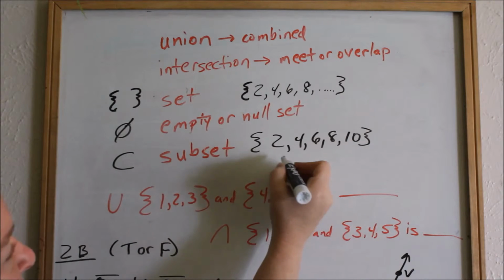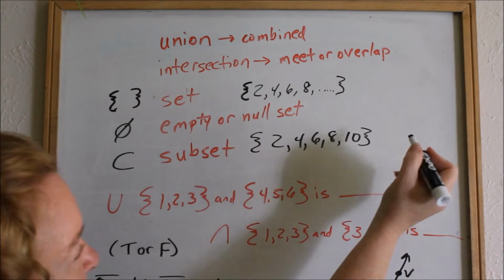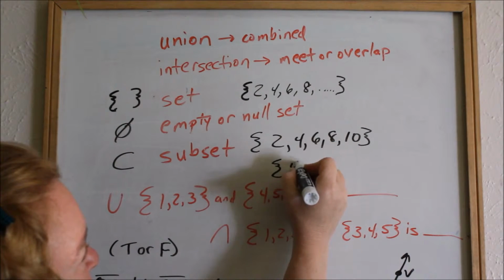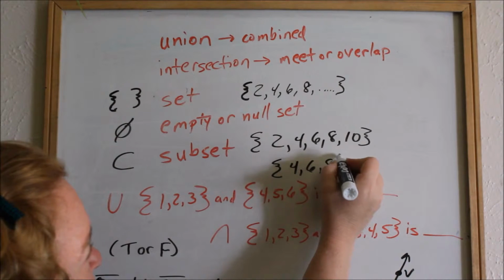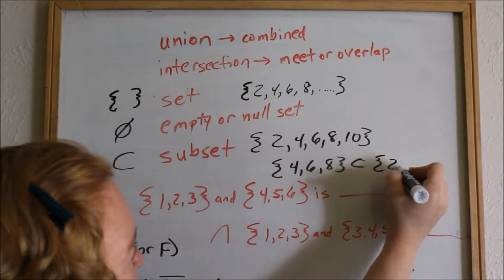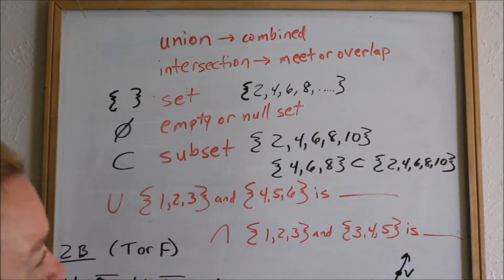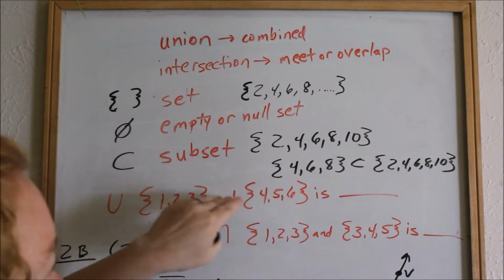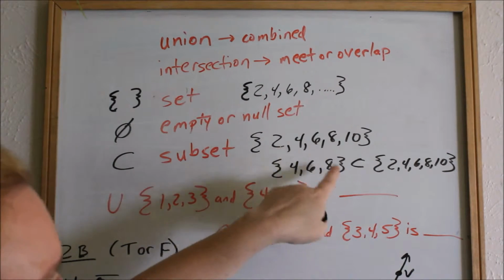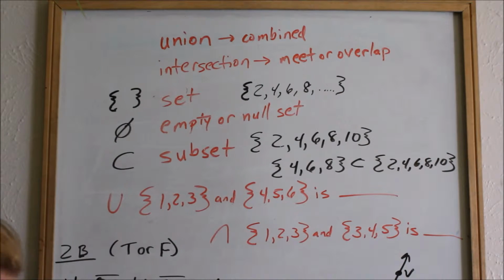Well, within that, I can say a subset of this like this: 4, 6, 8 is a subset of 2, 4, 6, 8, 10. Subset means that it is contained in. So when you're a subset, this 4, 6, 8 is contained in this set. It is contained in it.